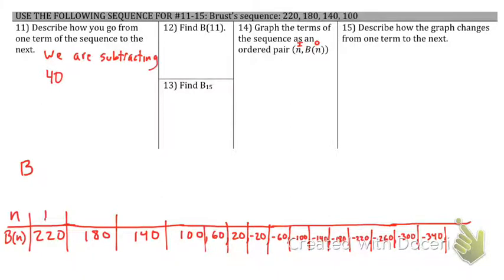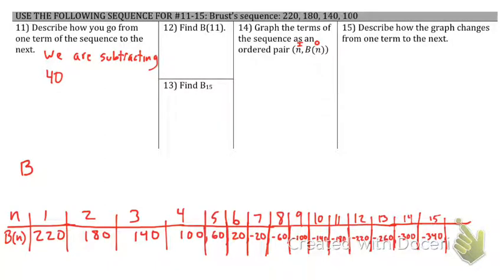So this would be 1, first term, second term, third term, fourth, fifth, sixth, seventh, eighth, ninth, 10th, 11th, 12th, 13, 14, and 15. Okay, and we could continue if you wanted to.